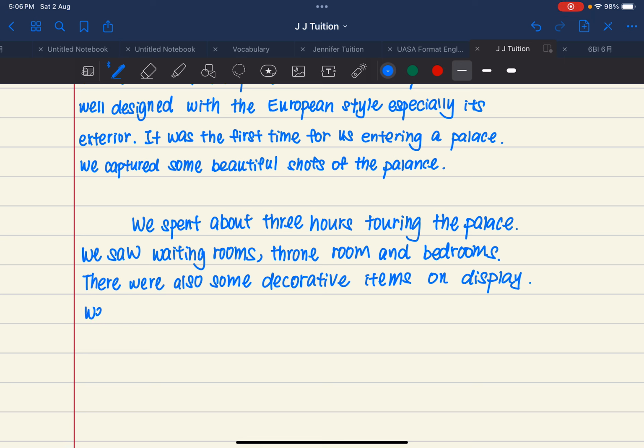We were, okay, you can write an adverb, you can write absolutely, totally, maybe you write totally. If you want to use the adverb, you just write impressed, also good words. You can write: impressed with our royal heritage.